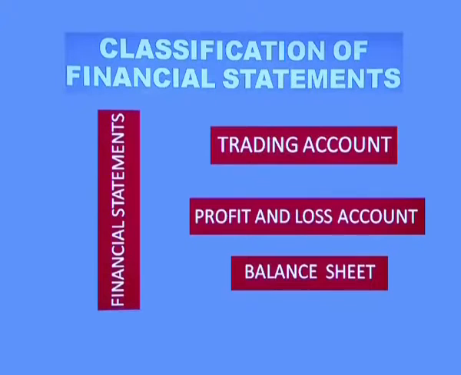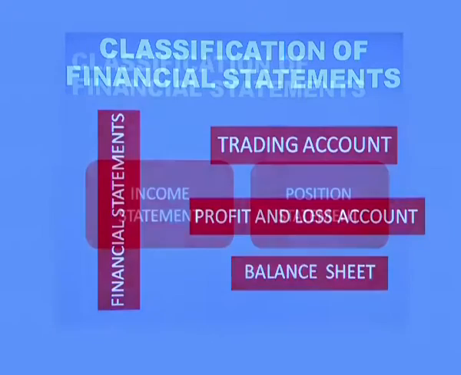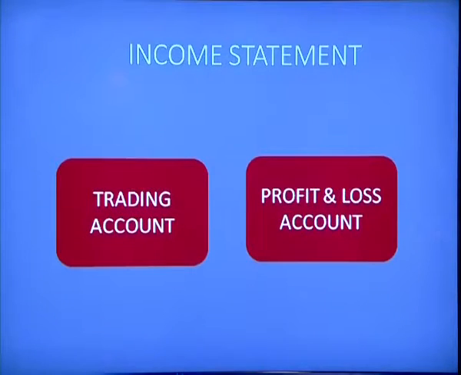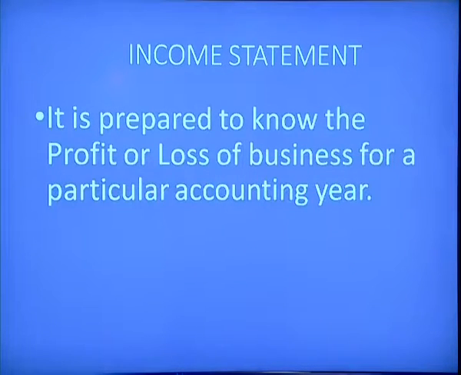It includes mainly two parts: income statement and position statement. Income statement includes trading account and profit and loss account. Position statement includes balance sheet. Income statement is prepared to know the profit or loss of business of a particular accounting year.